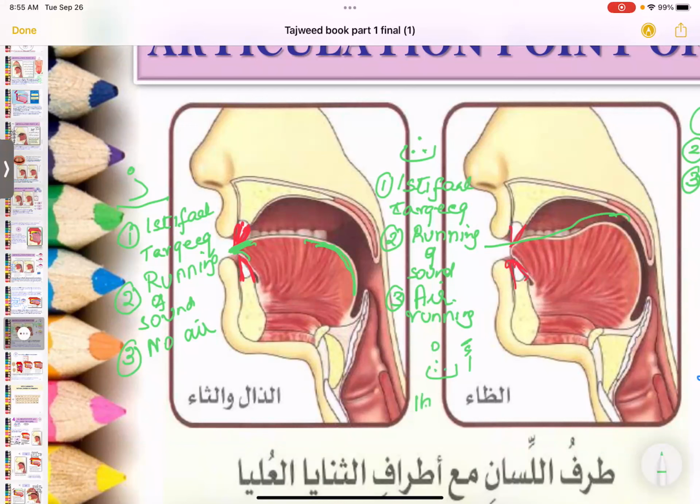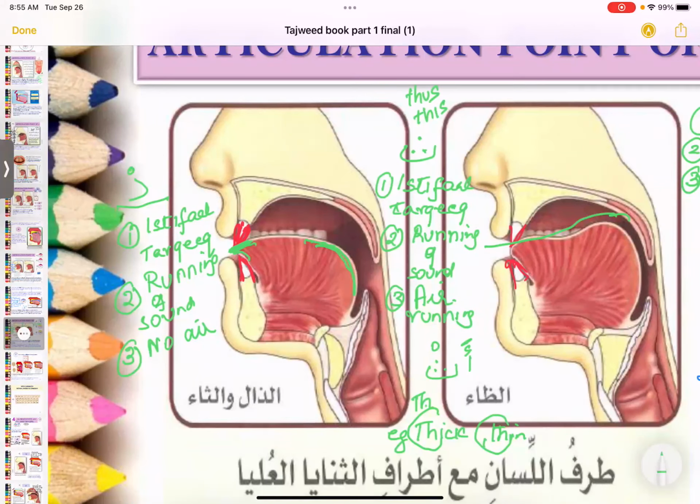This has the sound of a th, like in the word thus, like in the word this, like in the word thick, thin. The th sound in thick, the th sound in thin, is the sound you need to make for the letter tha.